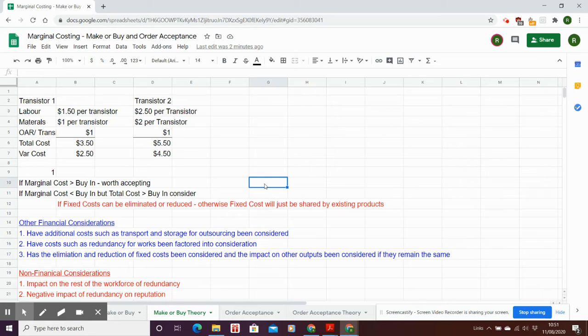If the marginal cost is less than the buy-in, but the total cost is greater, then we need to consider the buy-in and look carefully at our fixed costs, their elimination or reduction, or how sharing those fixed costs between other products is going to affect their price. And it will definitely increase their price if we cannot reduce or eliminate the fixed costs.